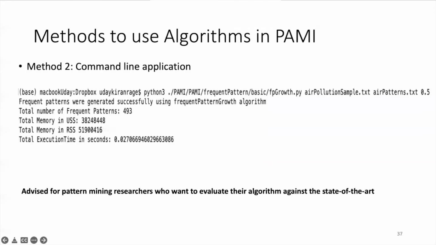If anyone wants to evaluate our algorithms, then execution on the command line or the terminal is the best one. So in this case, simply use Python 3 and the location of the program, and you can pass on the parameters, that is the input file, the output file in which we want to store the patterns, and the threshold value. And then our PAMI library will execute the corresponding algorithm and present the results.